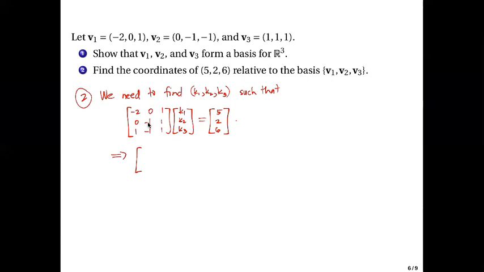Another way, maybe it's easier if we try to do the inversion. Okay? We try to do the inversion here and try to find our k, our 5 to 6.